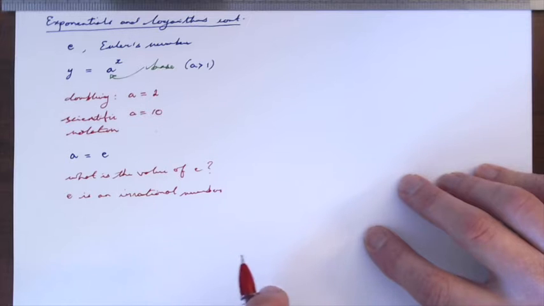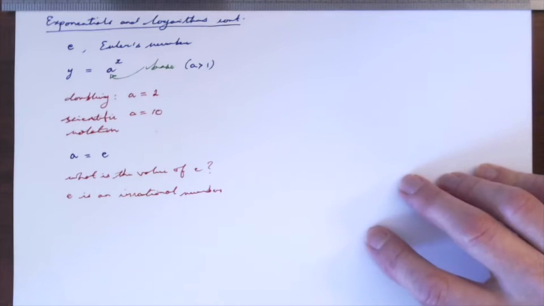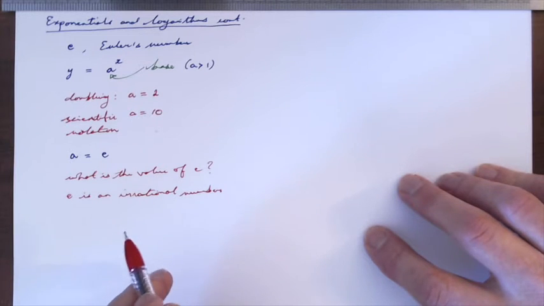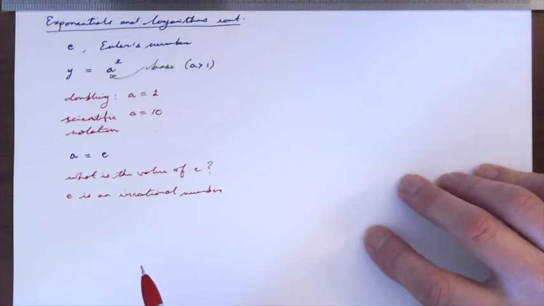And another famous transcendental number is pi, which is an irrational transcendental number. So e, although not really having any obvious relation to pi, is a similarly sort of enigmatic number in that it's not a root of a polynomial. What is its value? I hear you cry.